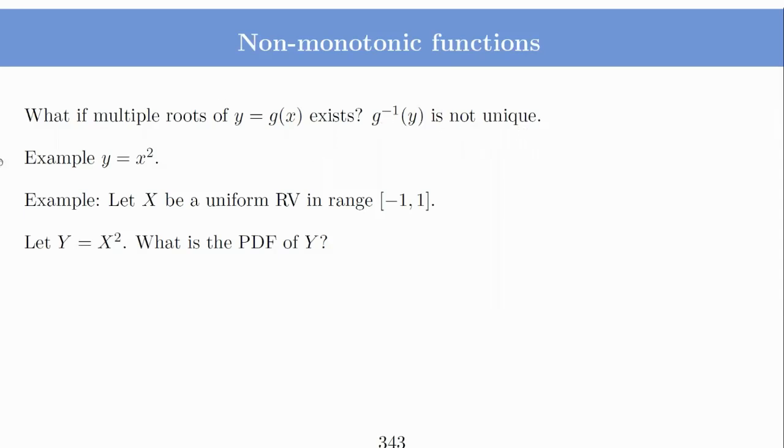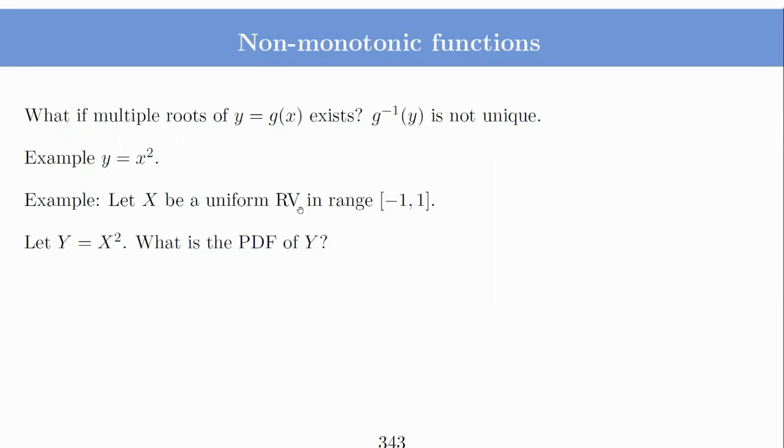An example could be y equal to x square. If you look at the inverse, it can be the square root of y, which can be both plus root y and minus root y. And this matters when x takes values both in the positive and the negative. Let's say x is a uniform random variable between -1 and 1.